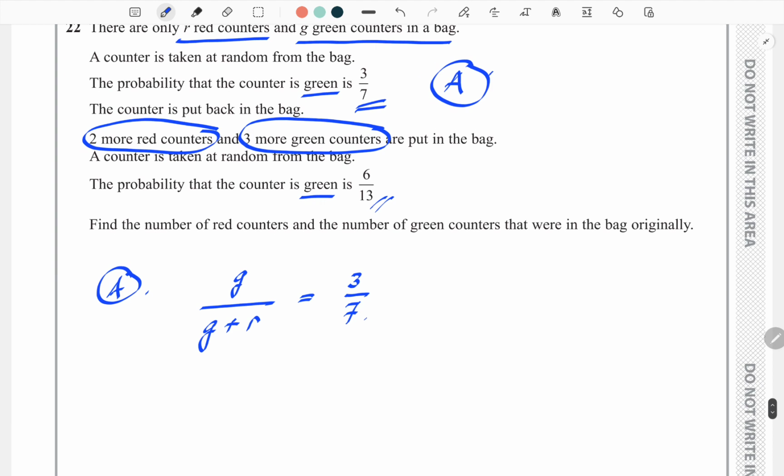Okay. Now, in this case, for this second statement here, part B, what it's saying is that 2 more red counters. So the number of reds now becomes R plus 2, and the number of green becomes G plus 3. So those are your reds. And then you've got G plus 3.